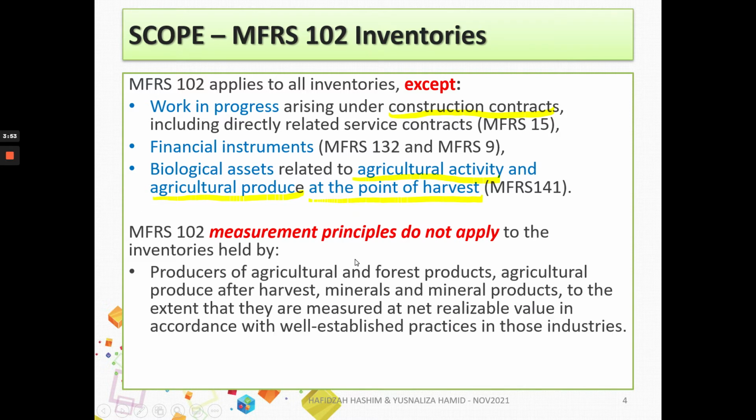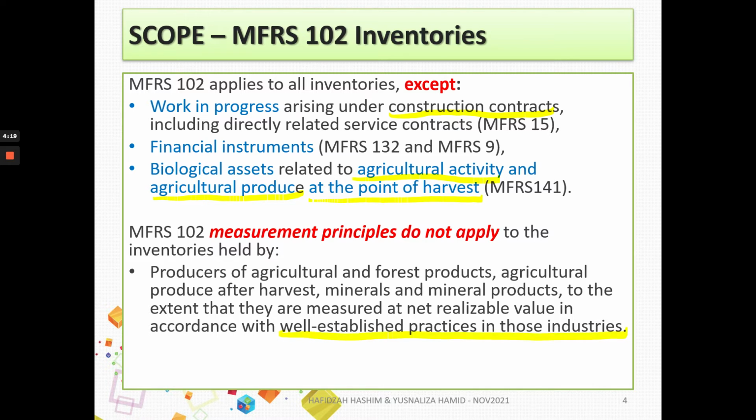The MFRS 102 principles of measurement also do not apply to the inventories held by the producers of agricultural and forest products, agricultural produce after harvest, and also minerals and mineral products, to the extent that they are measured at the net realizable value in accordance with the well-established practice in those industries.